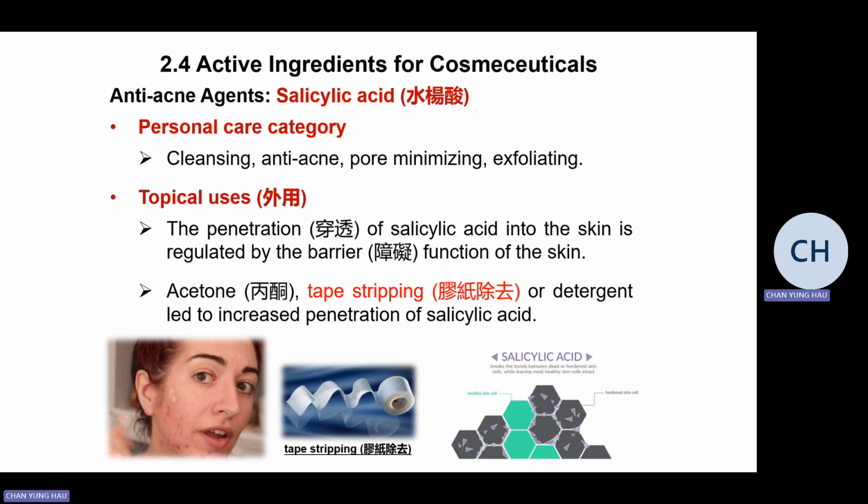For topical use, the penetration of salicylic acid into the skin is regulated by the barrier function of our skin. That's why the use of some organic solvents, for example acetone, or tape stripping or detergent may cause increased penetration of salicylic acid.